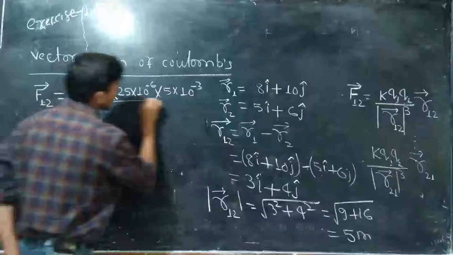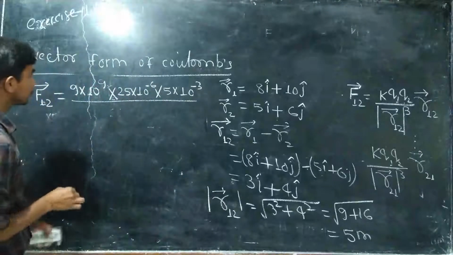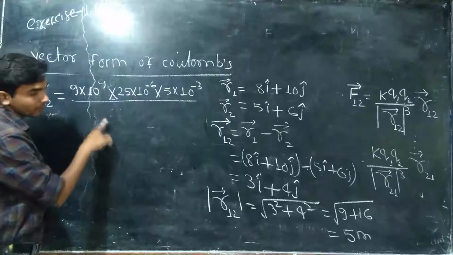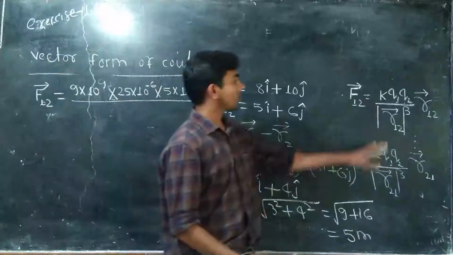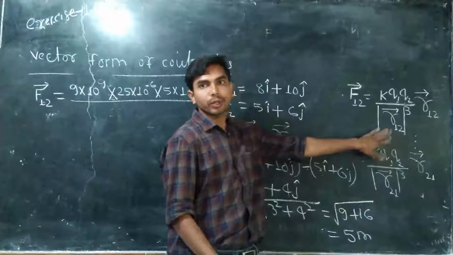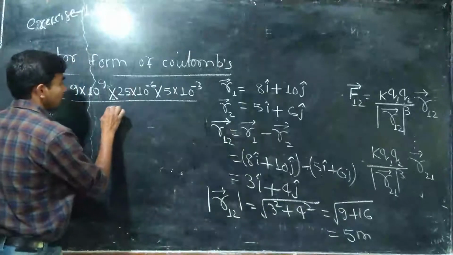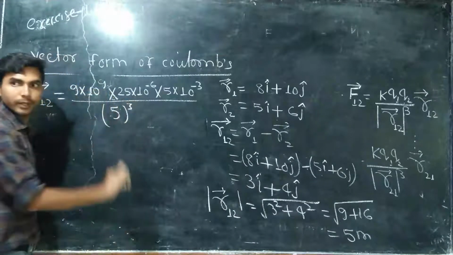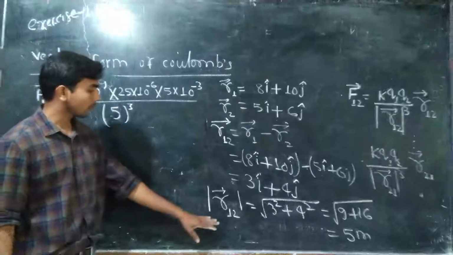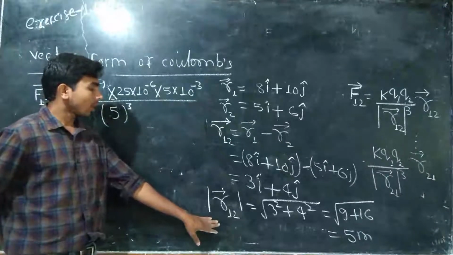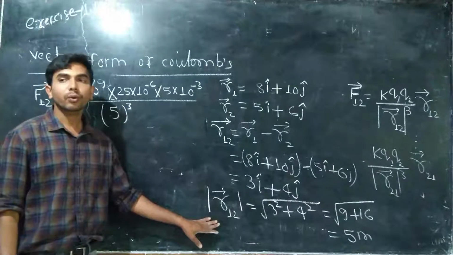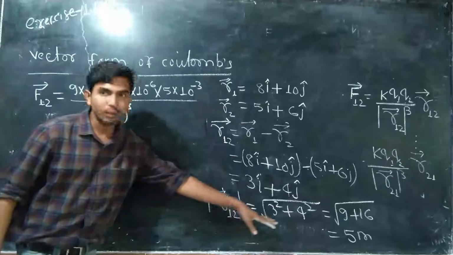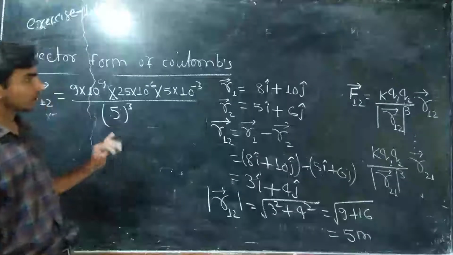Now in the denominator, what will come? The magnitude of this one, so 5 to the power 3 will come, right? The magnitude of the position vector of R1 with respect to R2 is 5 now. That's why I am substituting 5.